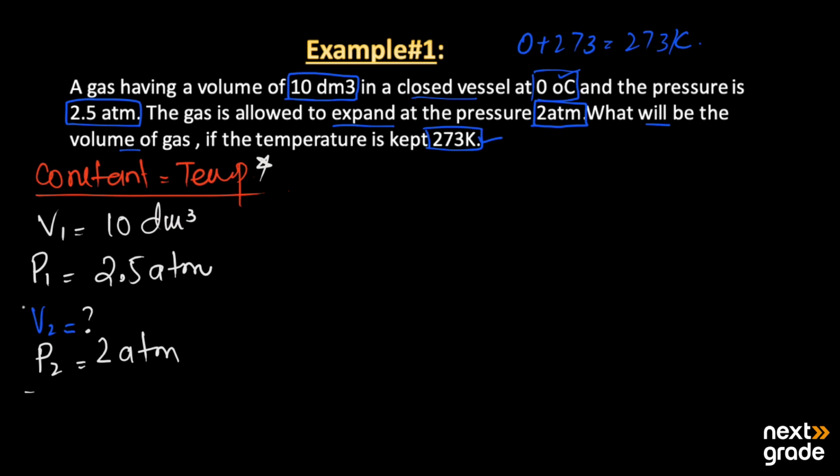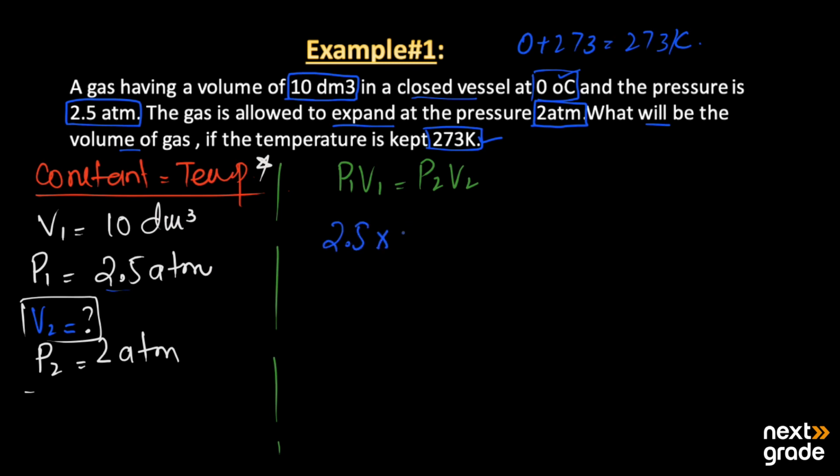Now we find the unknown variable by the simple use of the formula given by Boyle's law: P1 V1 is equal to P2 into V2. Here P1 is the initial pressure, 2.5 atm, multiplied by V1, which is 10 dm cube, is equal to P2, which is 2 atm, multiplied by the volume V2 that we have to find.